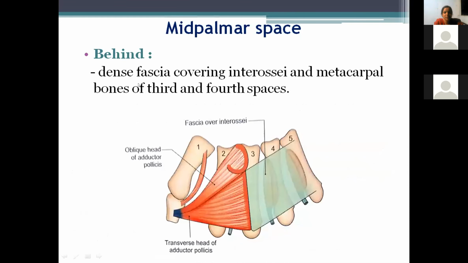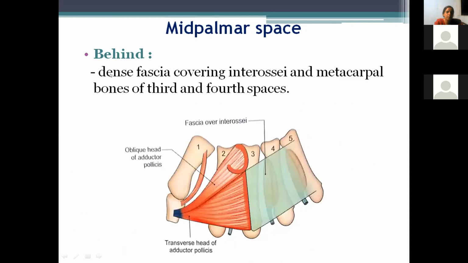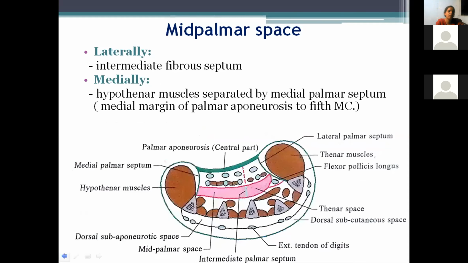So behind you will see dense fascia which is covering the interosseous muscles and the metacarpal bones of the third and fourth space. This picture is better. This is the third space and this is the fourth space. We are finding the interossei and the thick fascia covering them will form the posterior boundary.